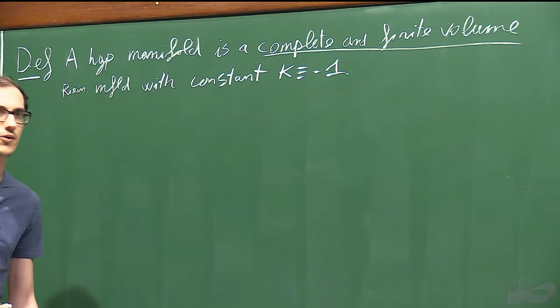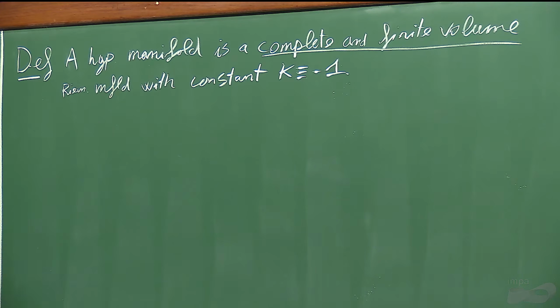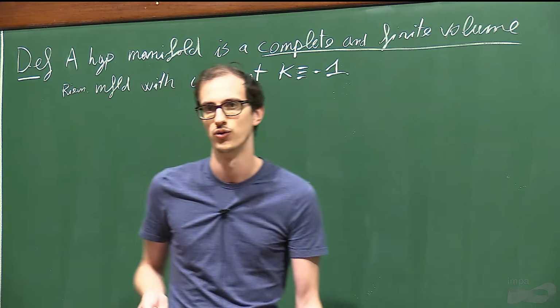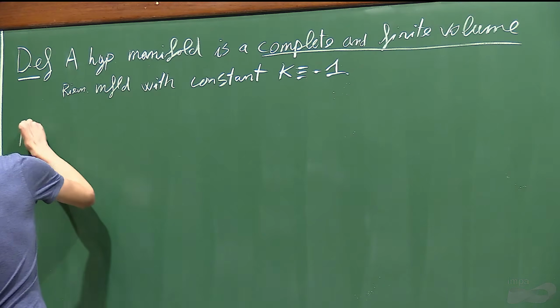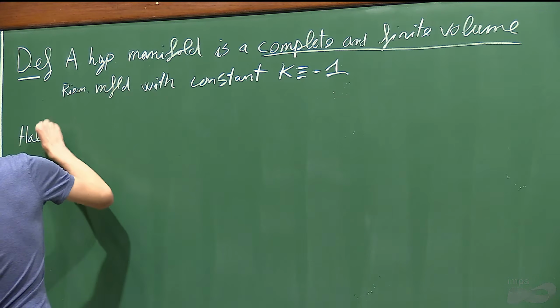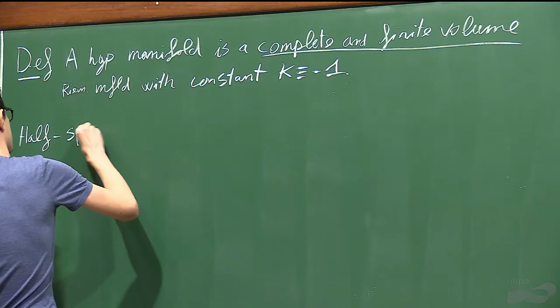So in the previous lecture, we've seen the hyperboloid model for the hyperbolic space. I'll briefly recall two other models which are more useful to visualize things, which are the half-space model and the Poincaré disk.